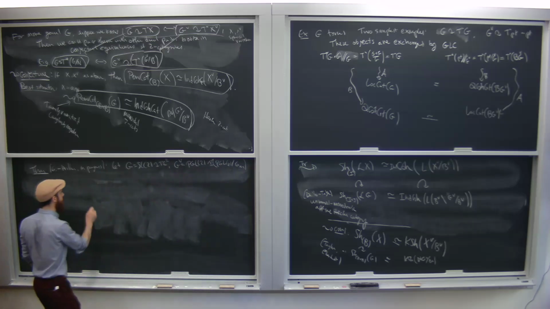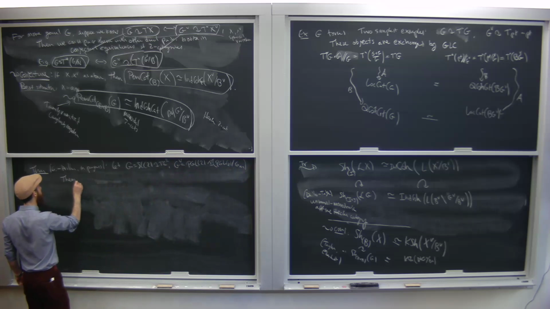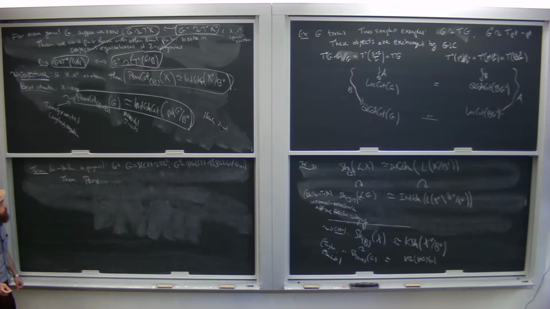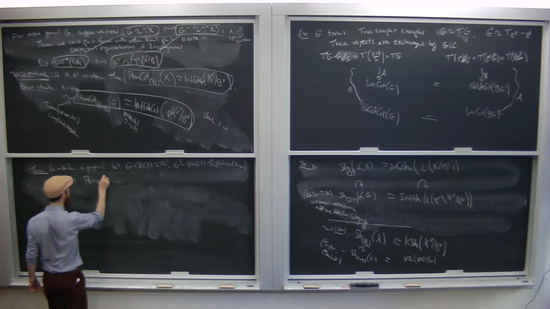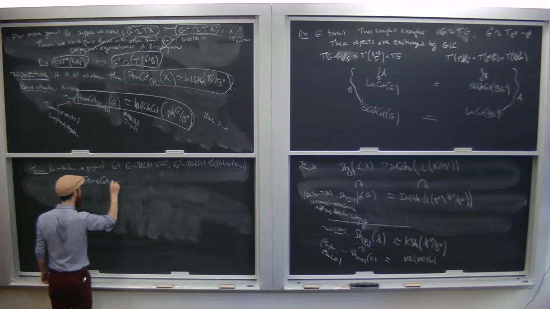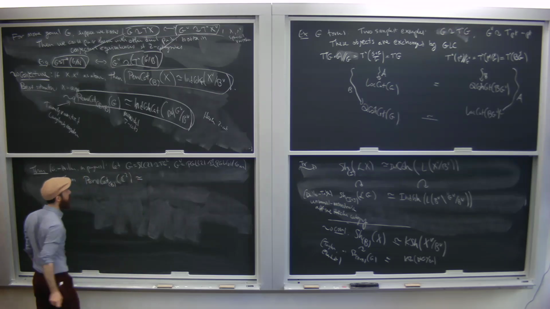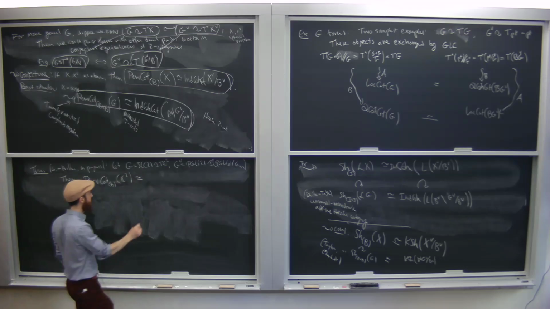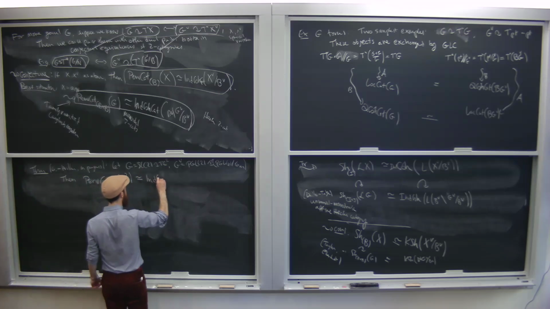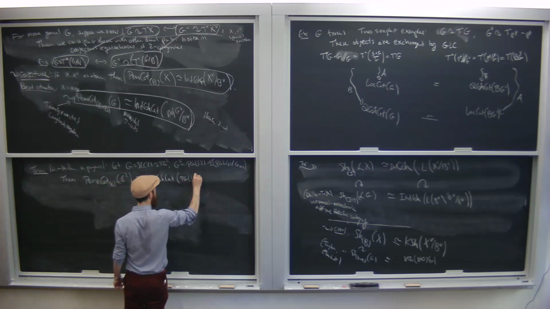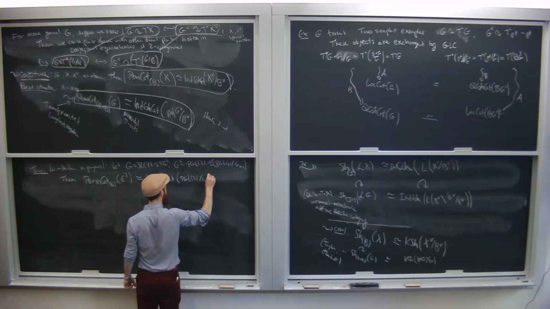And in that case, we can define constructible perverse sheaves of categories on C2, and we can prove that this is equivalent to ind-coherent sheaves of categories on PGL2 mod Gm that are B-check equivariant.